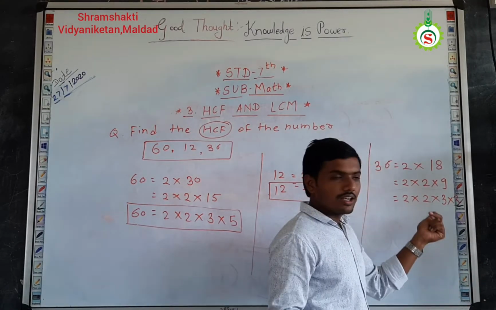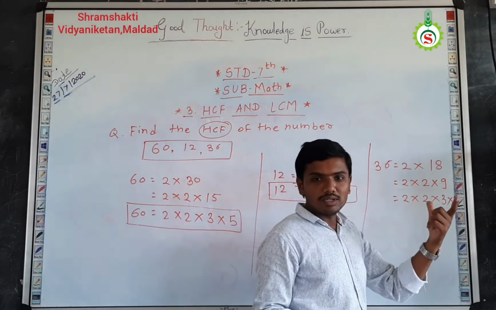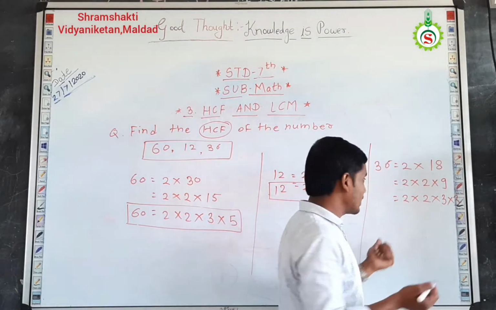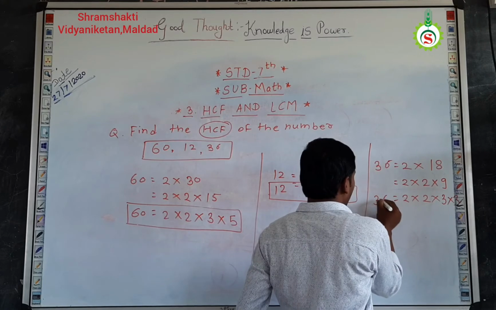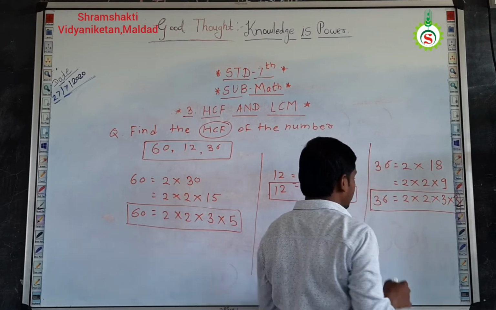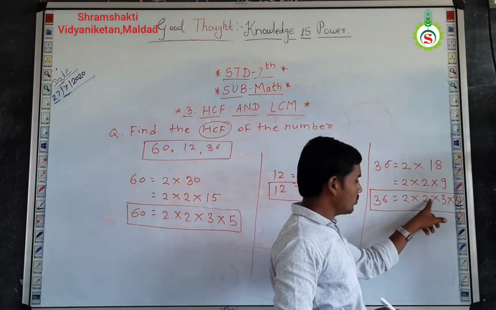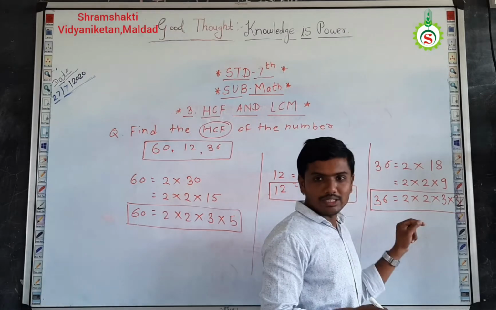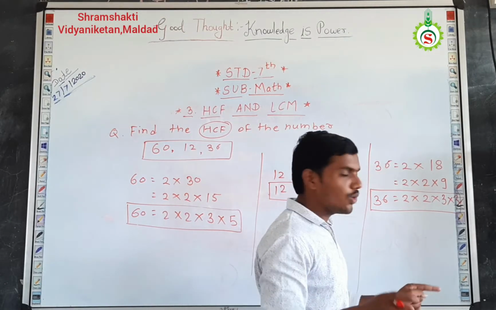That means all the factors are prime numbers. And if the numbers are not divisible by another number, that means our factorization is over. So which are the factors for 36? 2 2s are 4, 4 3s are 12, and 12 3s are 36. That means our factorization is over.